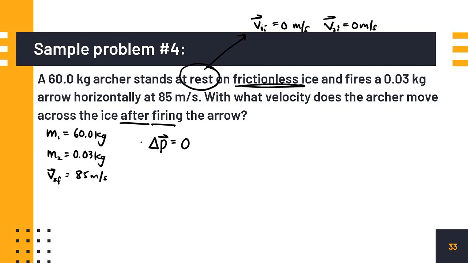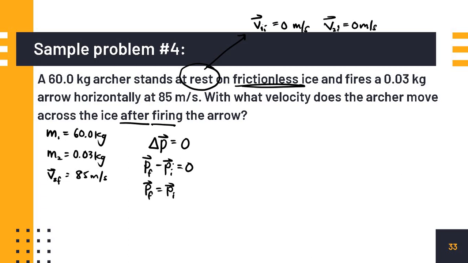That delta symbol mathematically means final momentum minus initial momentum is equal to 0. So we can transpose initial momentum to the other side, and it will give us this equation: final momentum is equal to initial momentum.